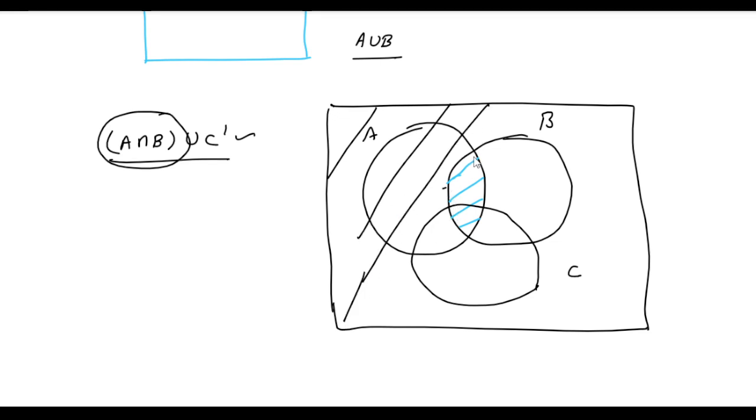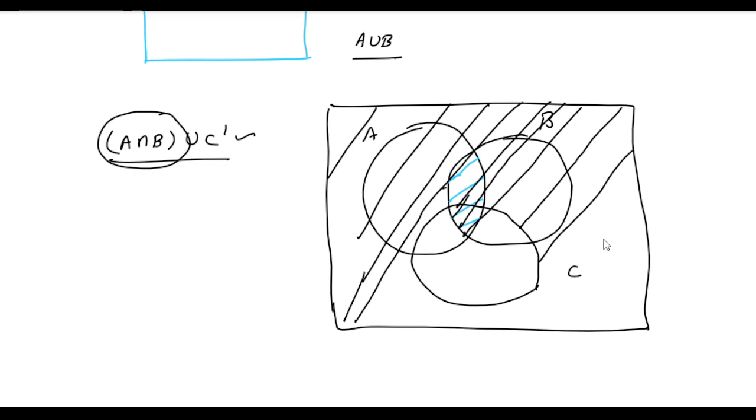I will show this part, and whatever shaded part was here. I will include that part because that is a part of A intersection B. In a union, whatever is present in A and B, all should be covered, and whatever is here, it also should be covered.